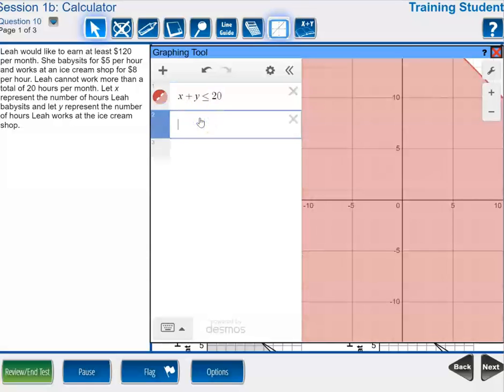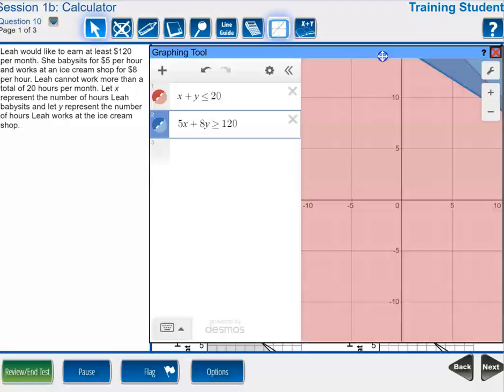Let's go to the next row and we'll create our second inequality. She babysits for $5 an hour, so that's 5x. And she works at an ice cream shop for $8 an hour, so let's add 8y. And the total amount she can earn needs to be at least 120, so we'll do greater than or equal to 120. And so now we have our inequalities graph, but we can't see them very well.